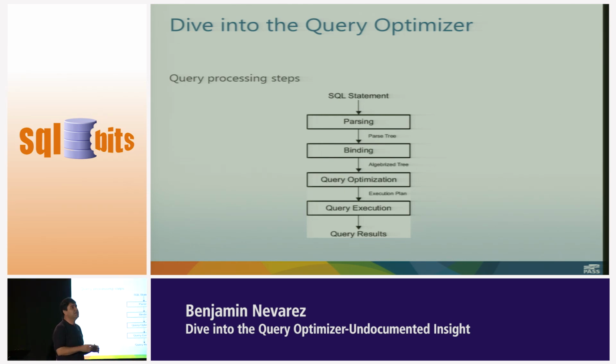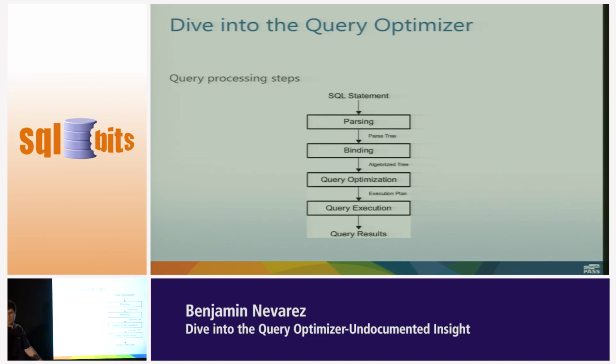Also a reminder, this is a 500 level session, so it's a little bit advanced. You must be a little bit familiar with something like this, the different steps of query optimization or query processing. We have different steps: parsing, binding, query optimization, and query execution.